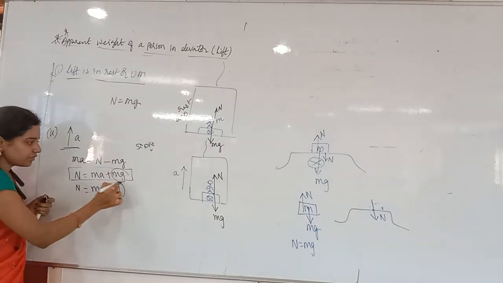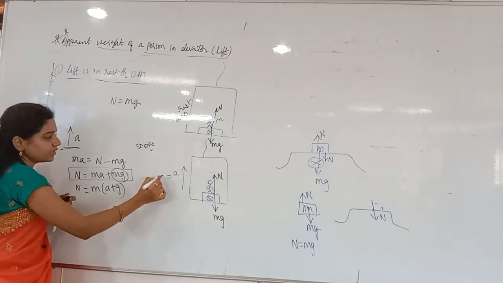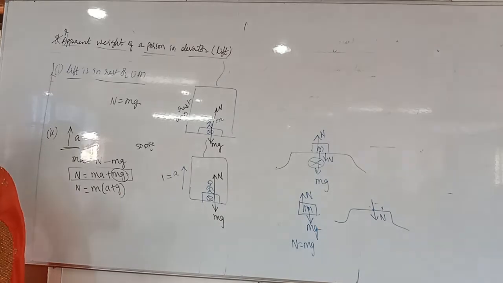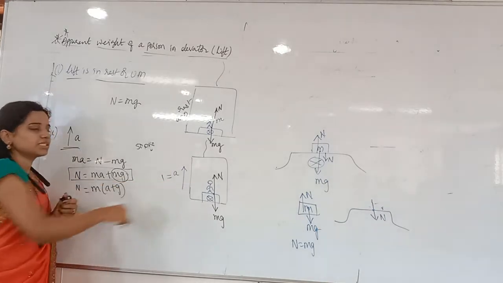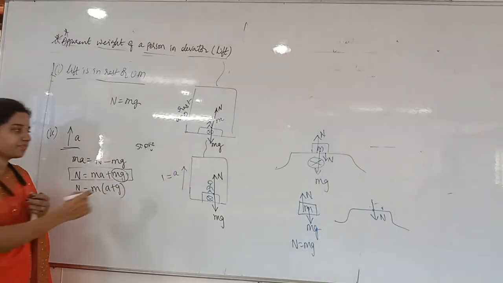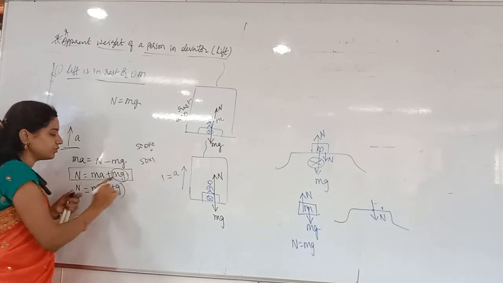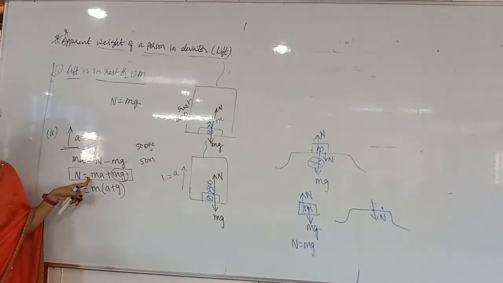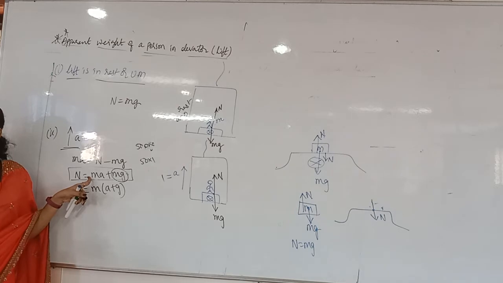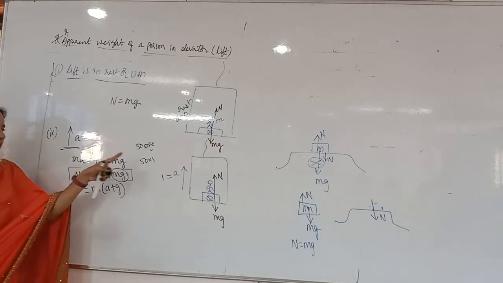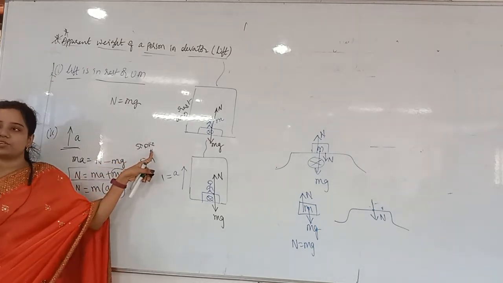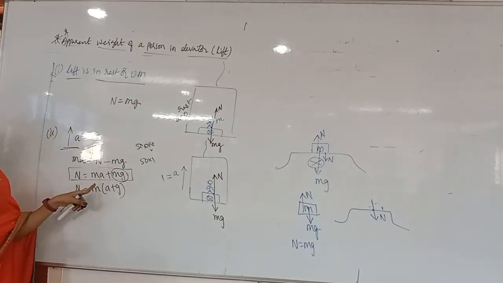Then this is the original weight. Let me take the acceleration as 1 meter per second squared. Then mass of the person is how much? 50 kg. 50 into 1 gives you 50, plus 500. Totally will be how much? 550 newtons. Before how much weight was there? Only 500 newtons. Now it is 550 newtons.